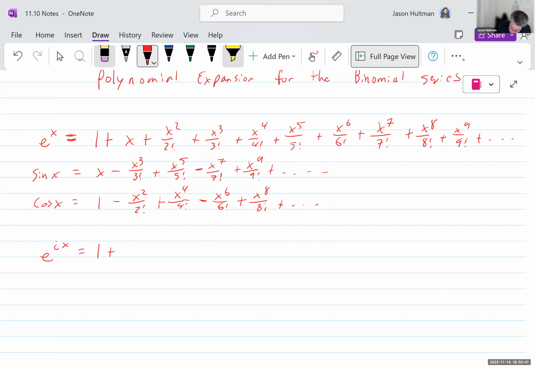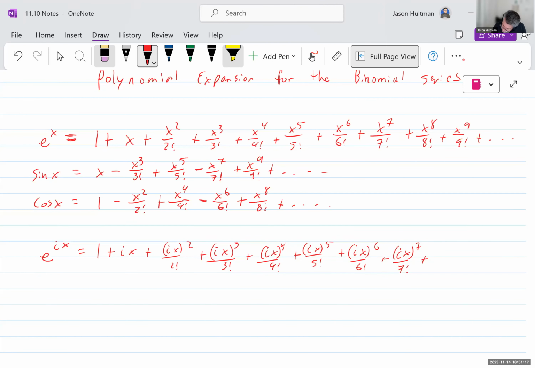We get 1 plus ix plus (ix) squared over 2 factorial plus (ix) to the third over 3 factorial plus (ix) to the 4th over 4 factorial plus (ix) to the 5th over 5 factorial plus (ix) to the 6th over 6 factorial plus (ix) to the 7th over 7 factorial plus (ix) to the 8th over 8 factorial plus (ix) to the 9th over 9 factorial.